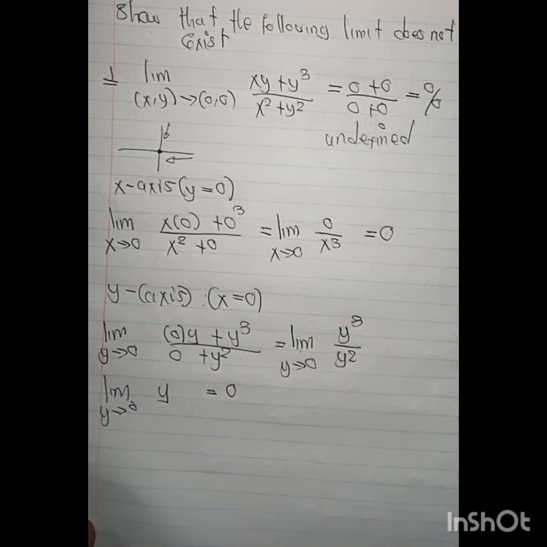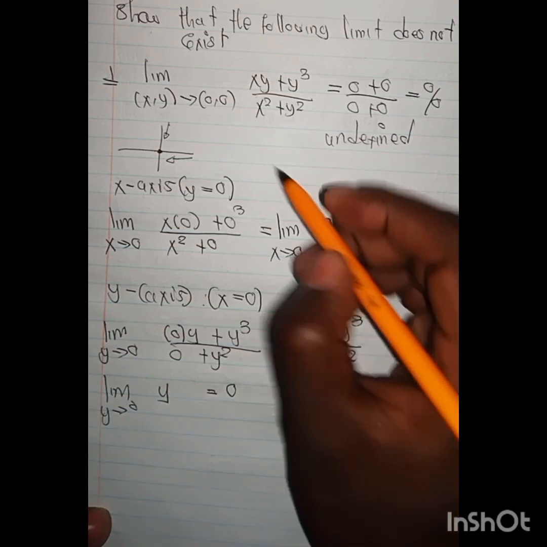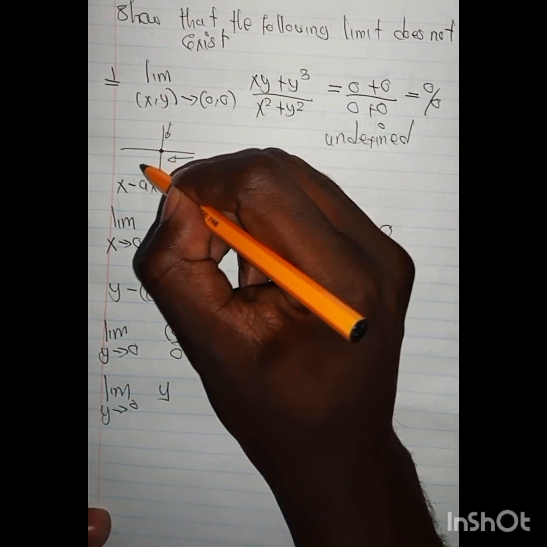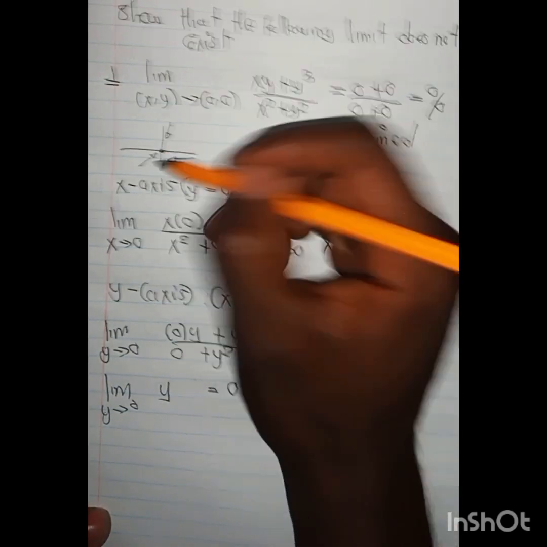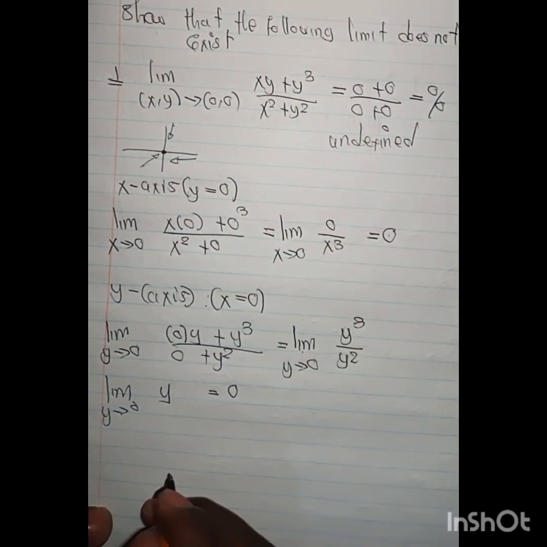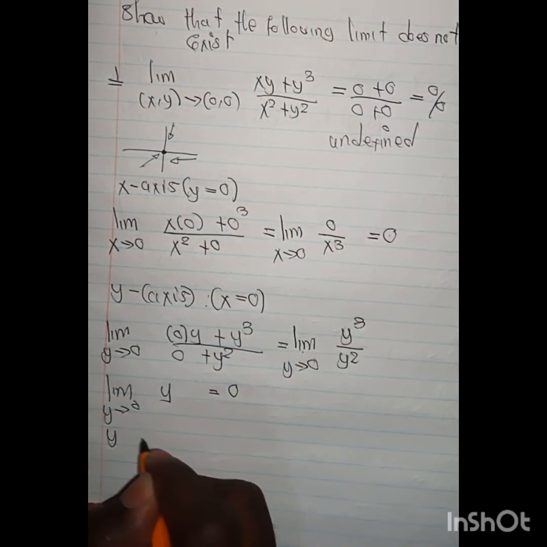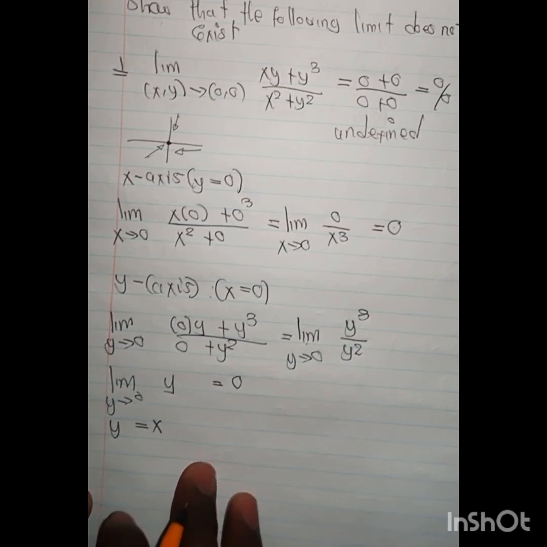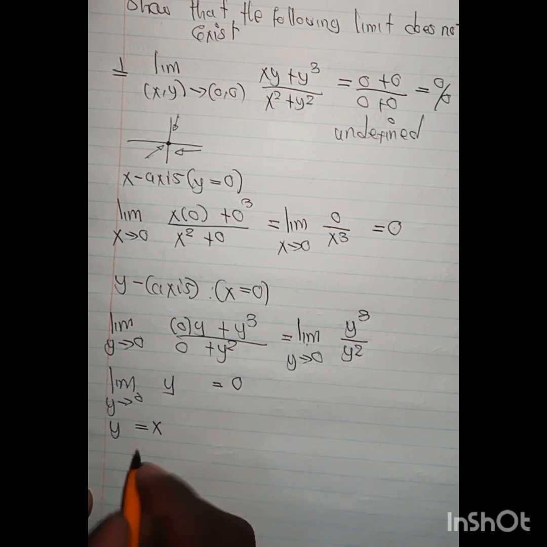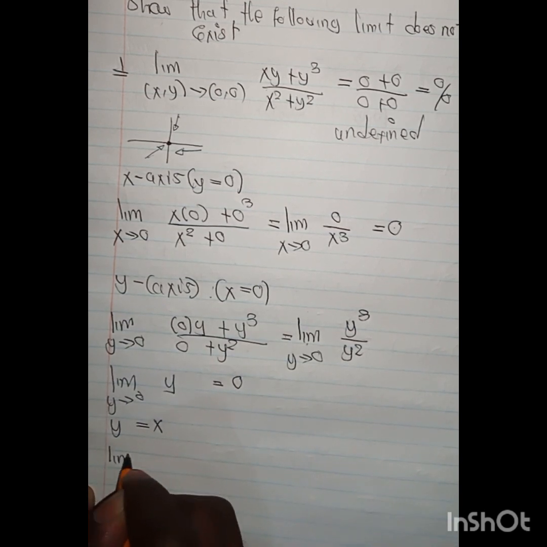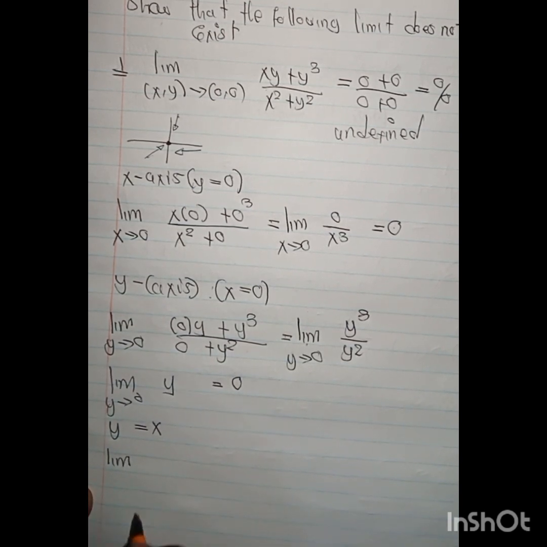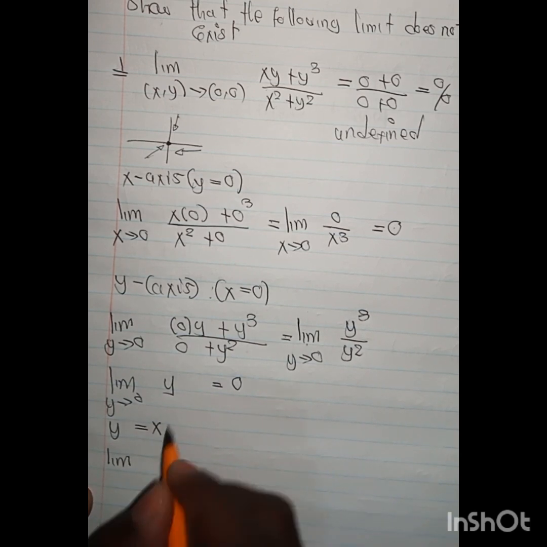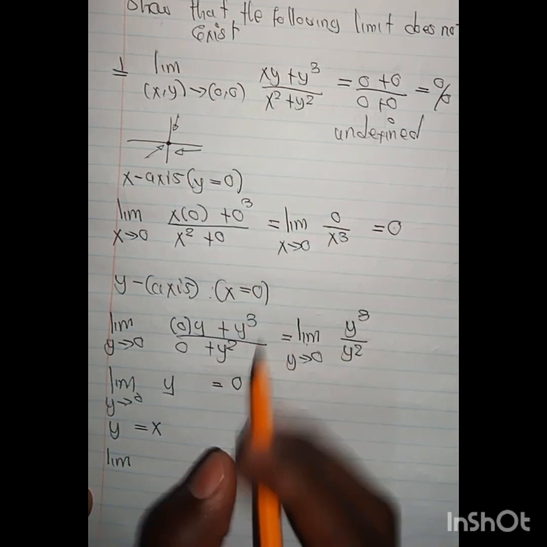Let us now try to approach the limit from this side. This is the line y equals x. Let's see if the limit will exist. So we now have the limit of xy plus y cubed.